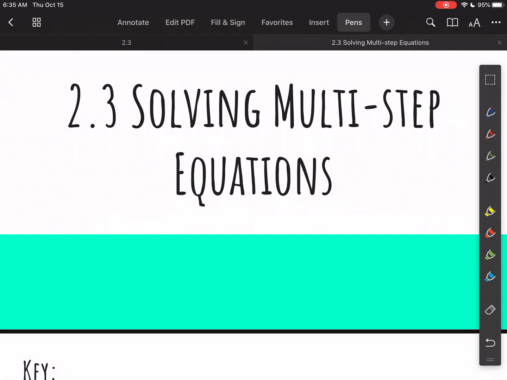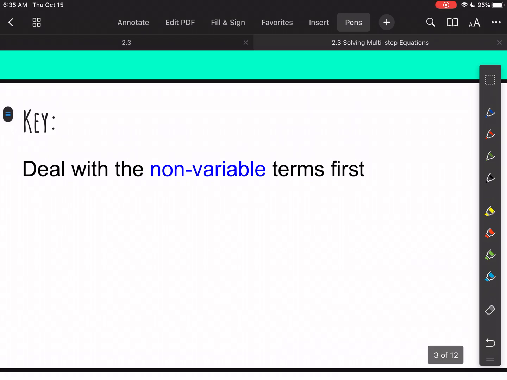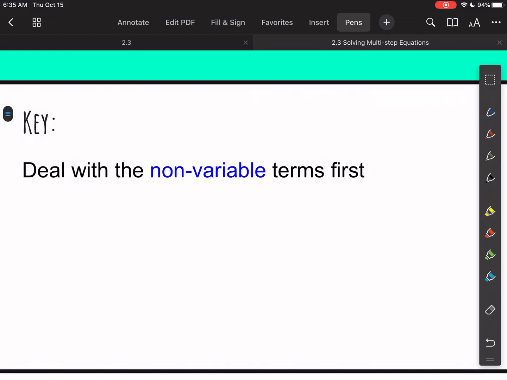So 2.3, the key here is always to deal with non-variable terms first. We're really trying to isolate the variable.